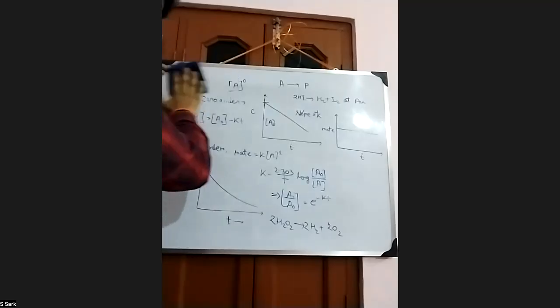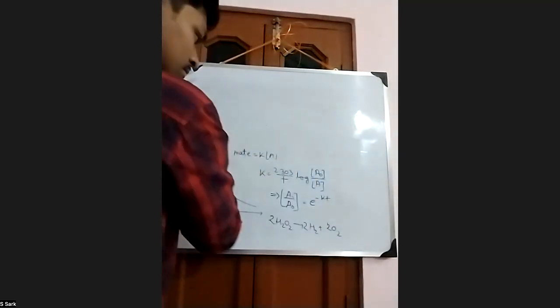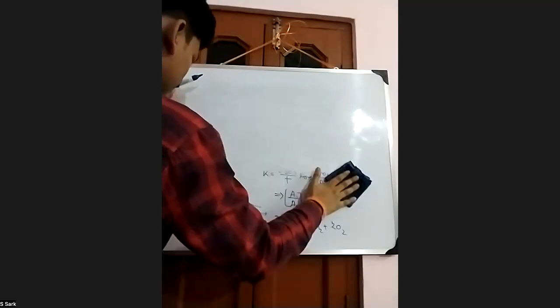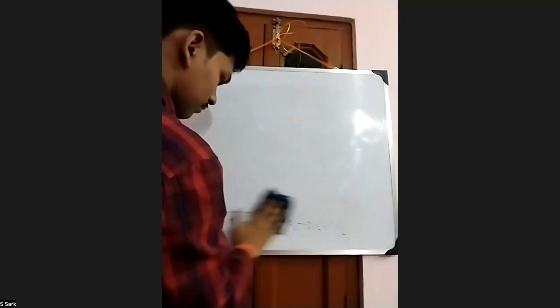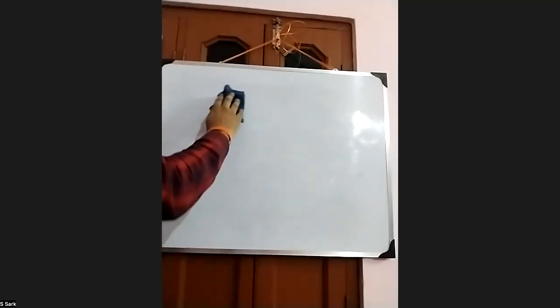Sir, in case of second order, the rate equation is 1 by A equals 1 by A0 plus kt.